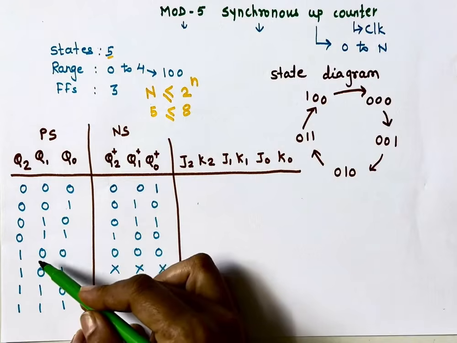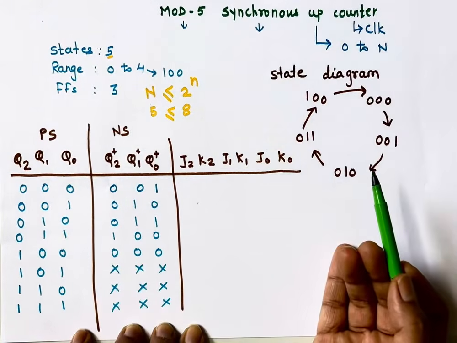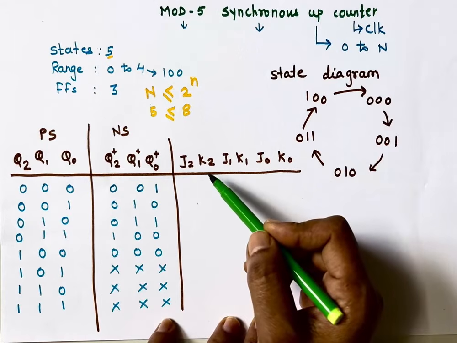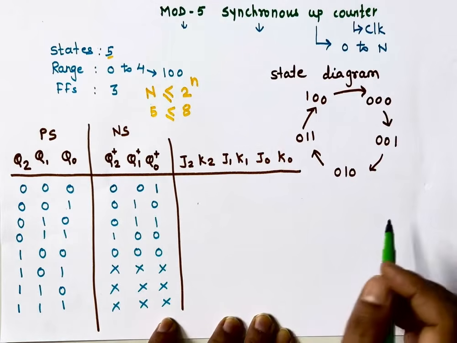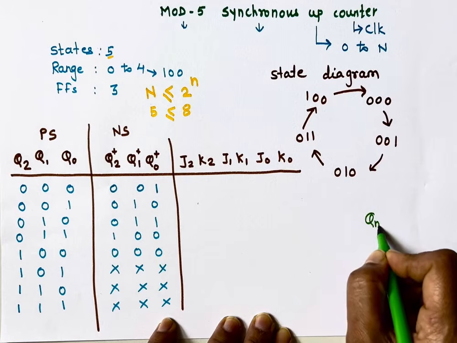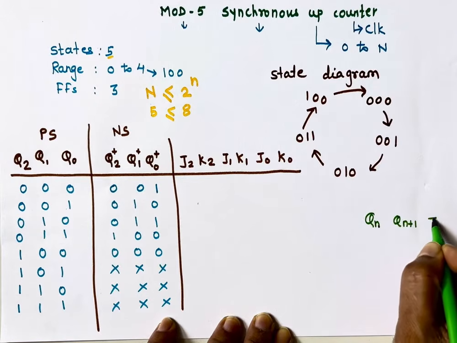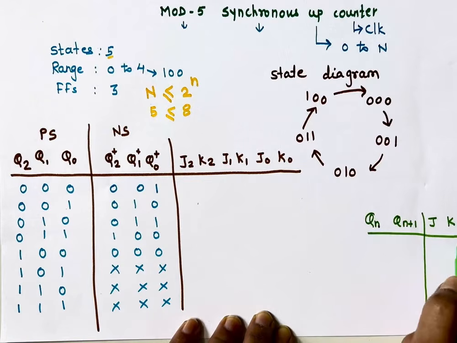Now we know present inputs, we know present outputs, next state outputs. We need to identify which inputs I should apply so that I'll get these outputs. So do you remember the excitation table? In the excitation table, we have present state output and next state output, and from that we identify which inputs I should apply so that I'll get this result after this result.